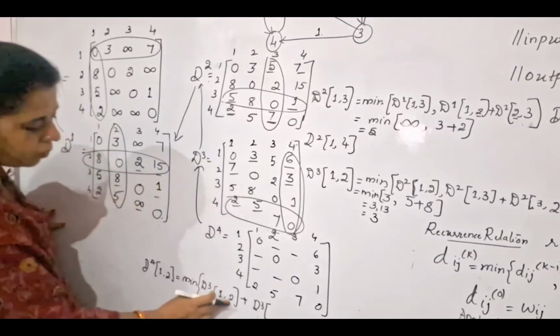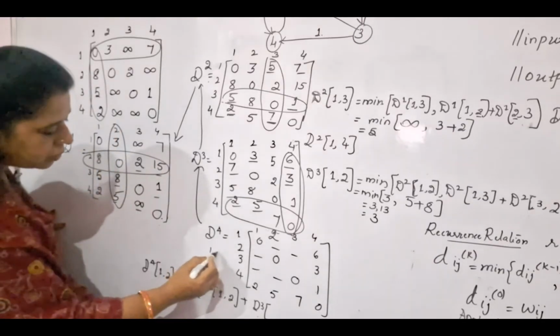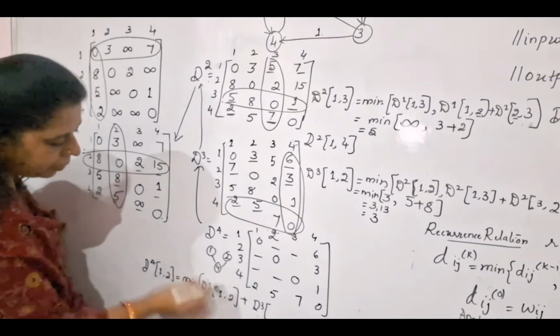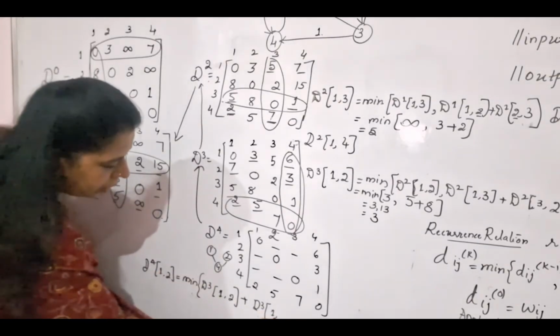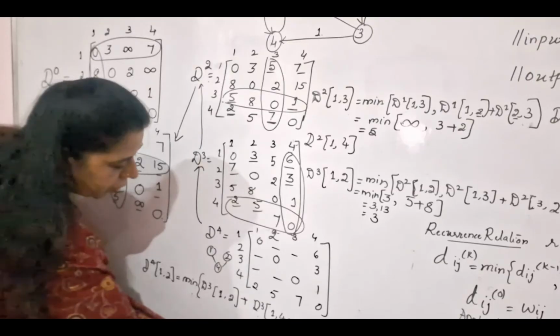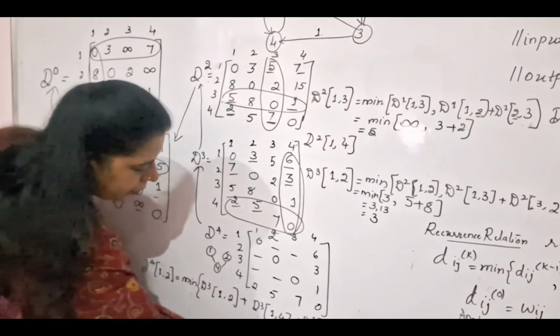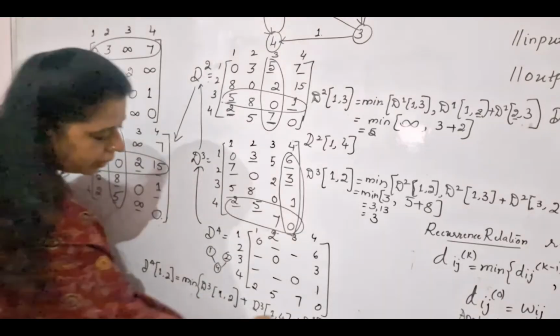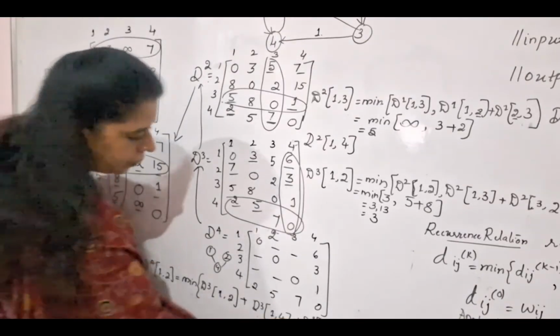Now you are introducing what? The intermediate vertex 4. So 1 and 2 are the direct, fine. You are introducing now the intermediate vertex 4. So you will write here D3 1 comma 4 plus D3 4 comma 2.